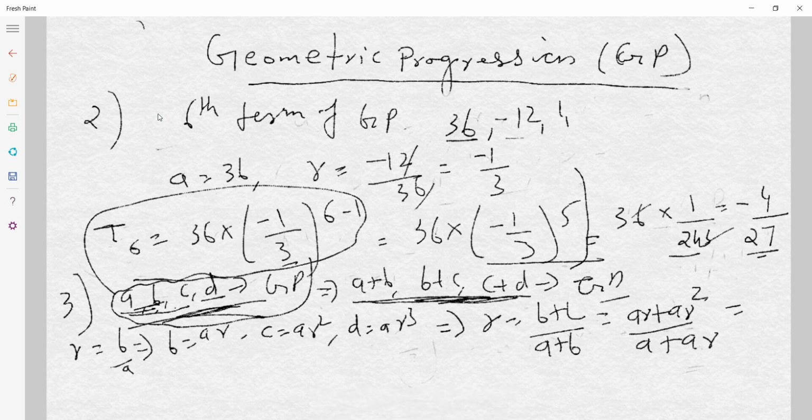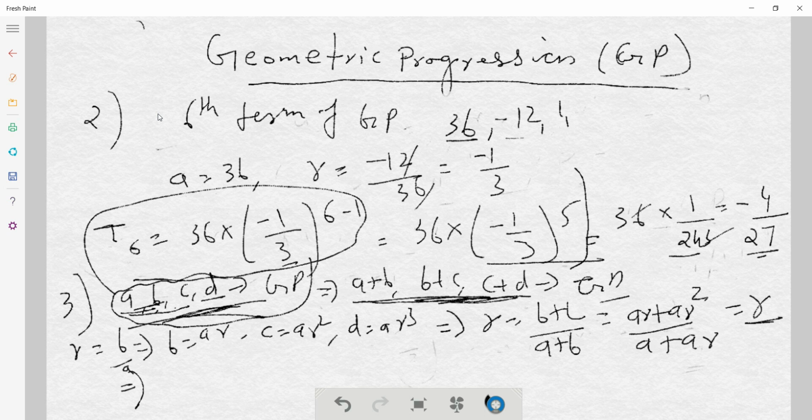This equals R, because you take the AR out on top and the A out on the bottom, and it becomes R. Similarly, you can do the same for the second one.